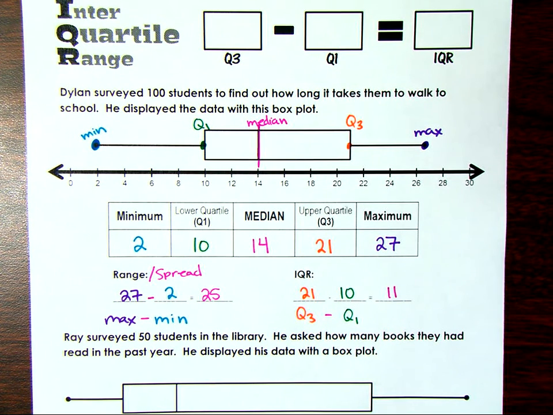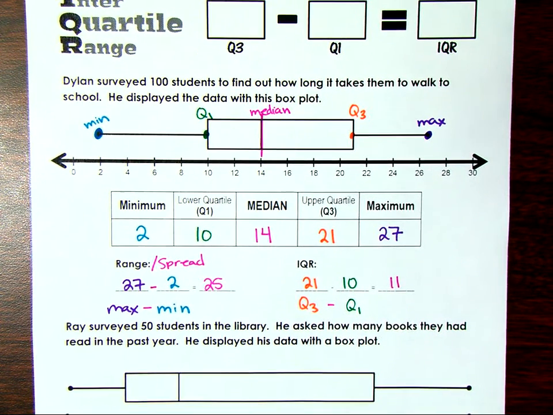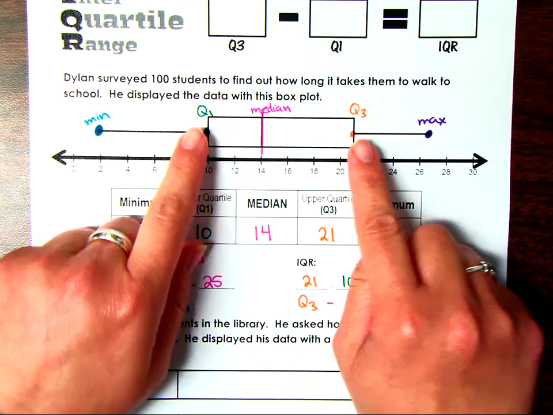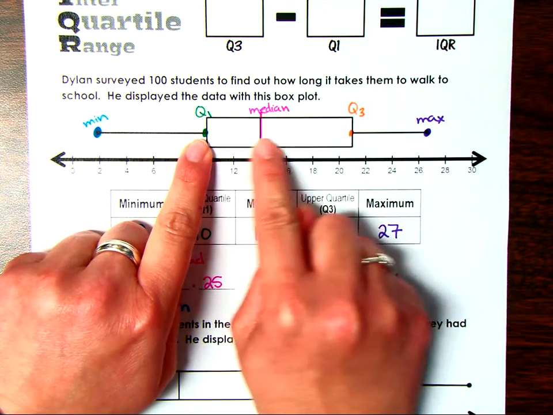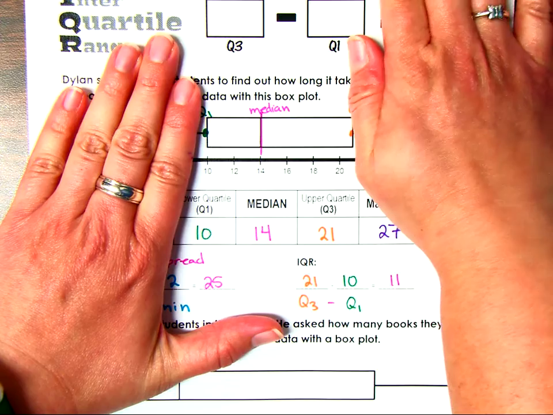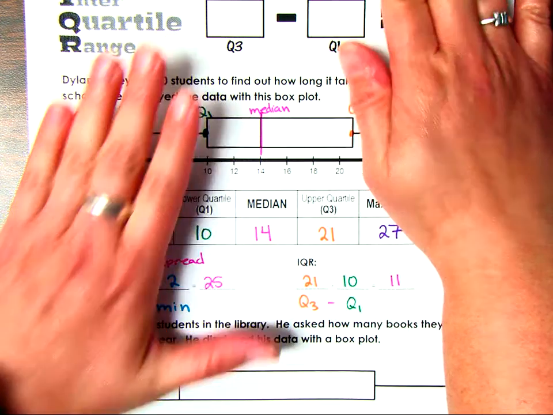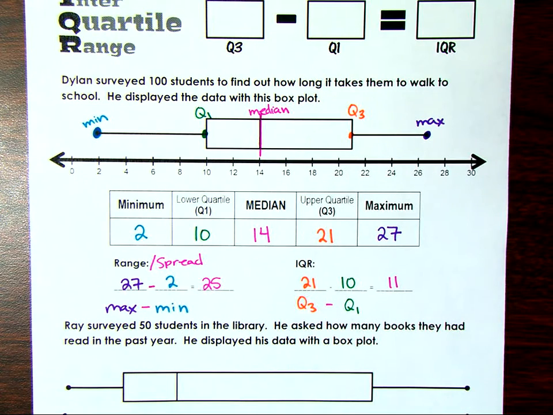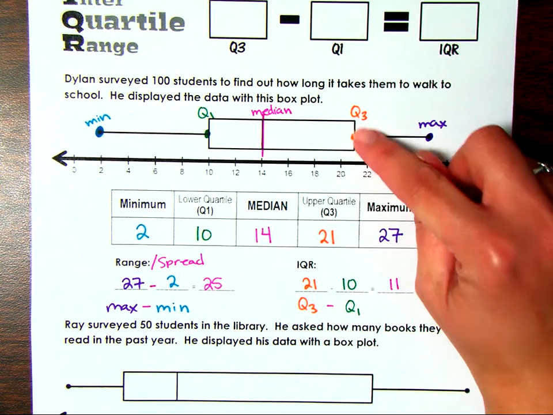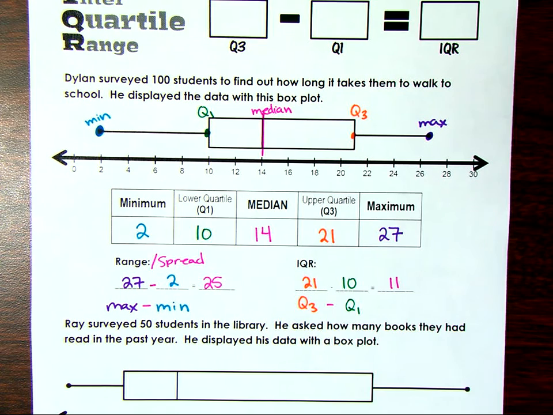All that means is, even though we don't have the list of all the 100 students surveyed of their times to walk, between these quartiles there's a spread of data of 11. Our IQR is 11, because the highest for this one was 21 minutes, the lowest for quartile 1 was 10. So we just subtract them. This was just saying where this data is headed.